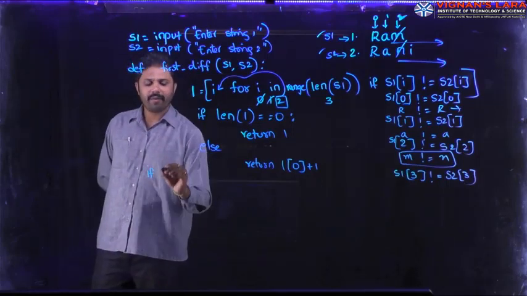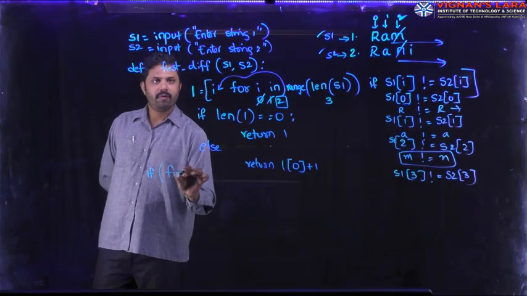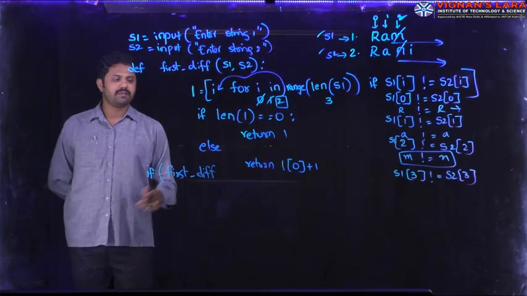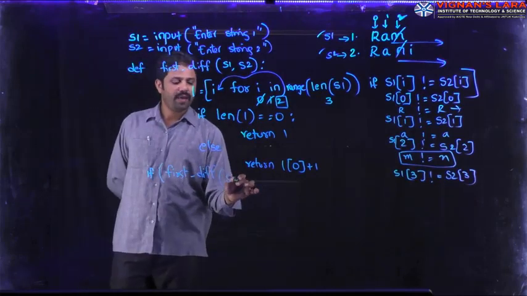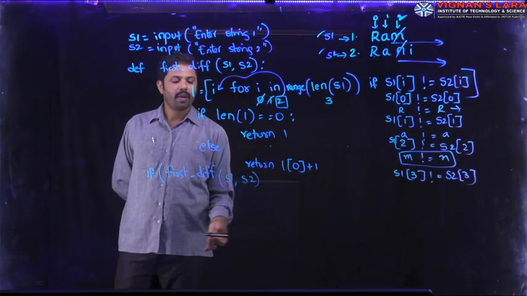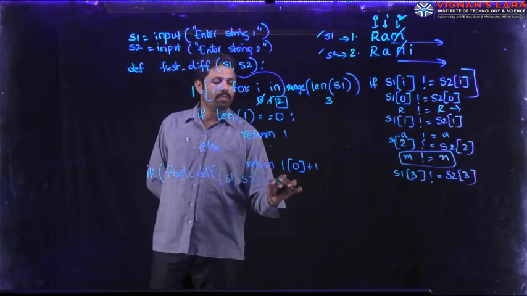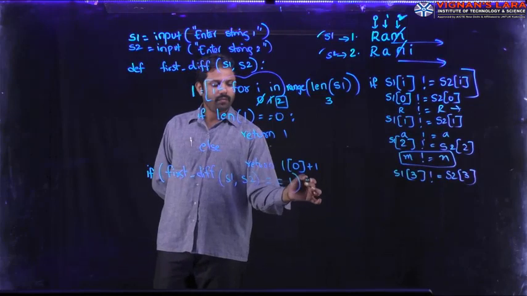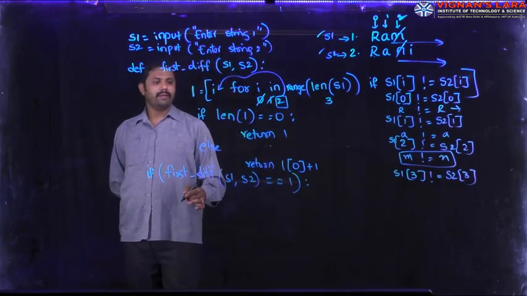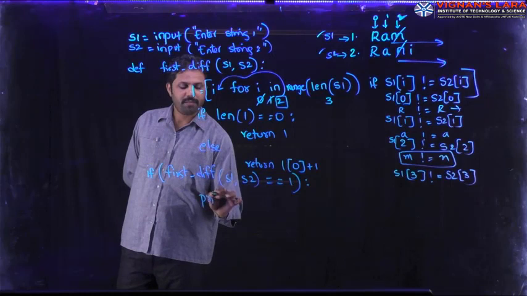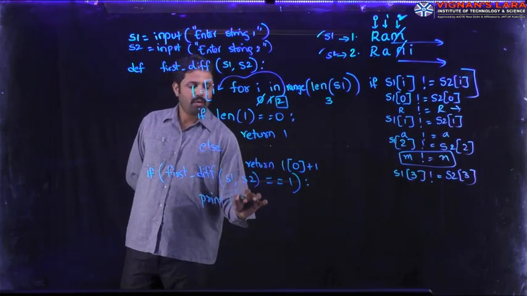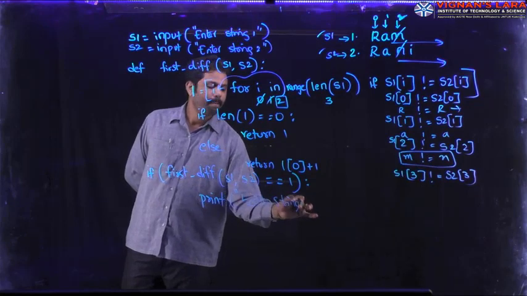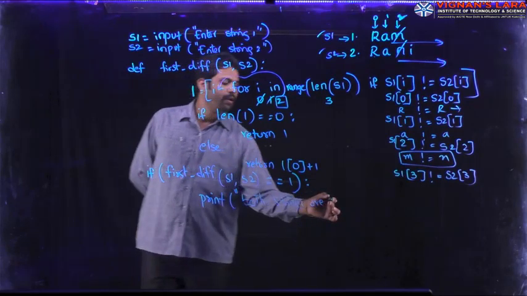Now I am calling: if first_difference of S1 comma S2 equals 1, print a statement, print both strings are equal.